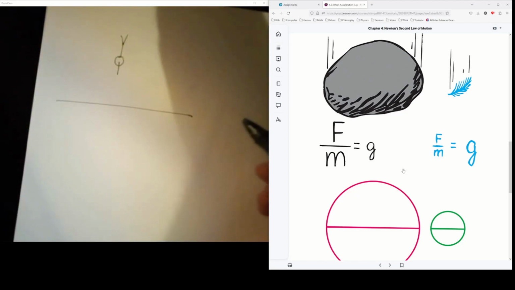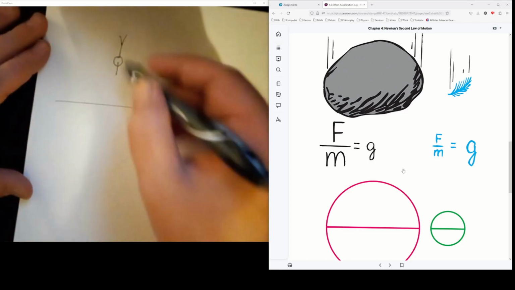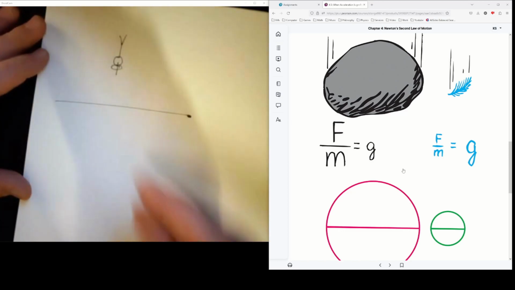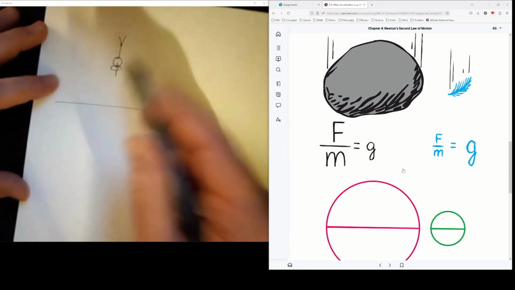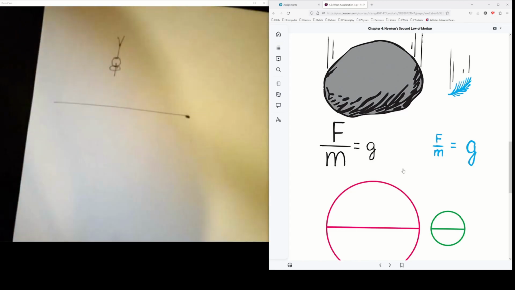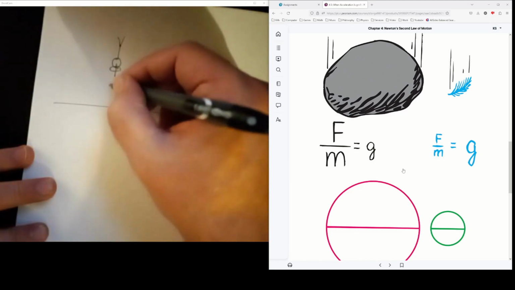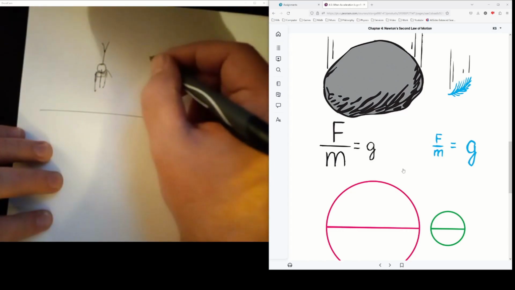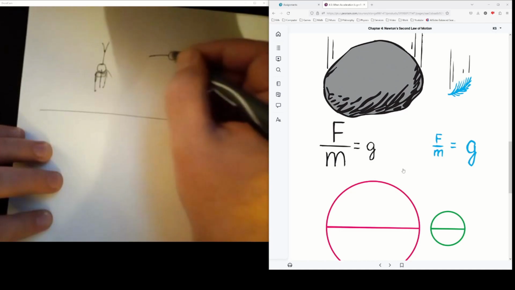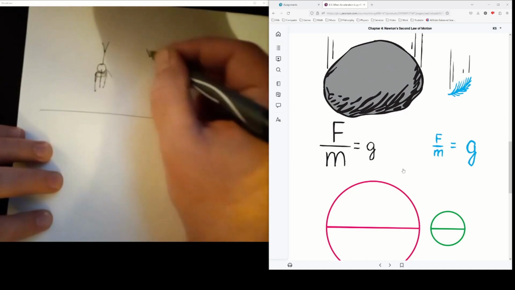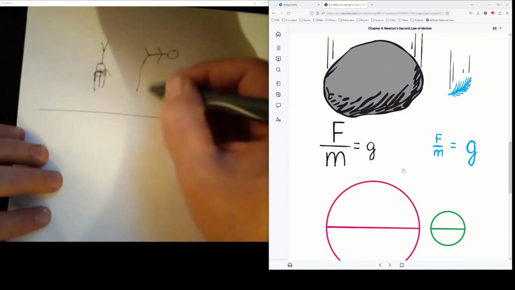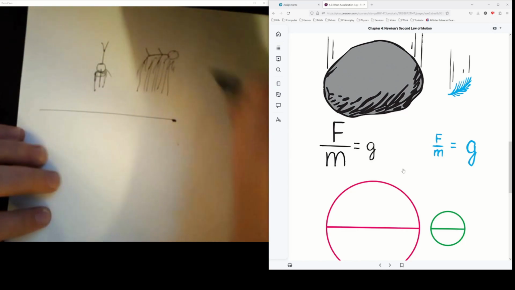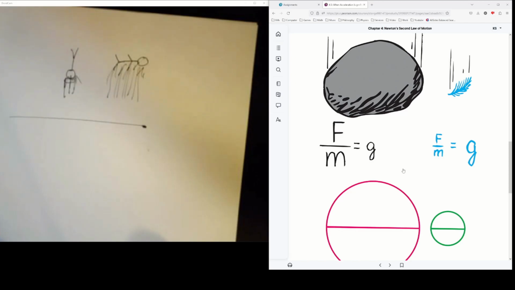And why would you do this? Because then the air resistance is mostly just coming from your head and your shoulders a little bit. I'm drawing a stick person here, but your shoulders are wider than your head. But that's what would hit you, the air resistance there. Whereas if you would kind of fall like you're laying down, well, now you're presenting more of your body to the air resistance, and then that causes you to fall slower.